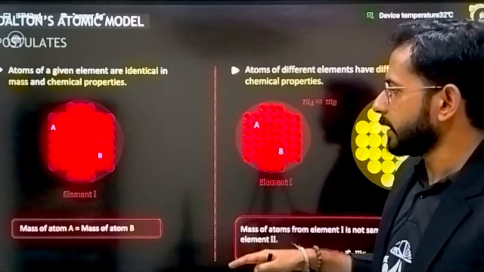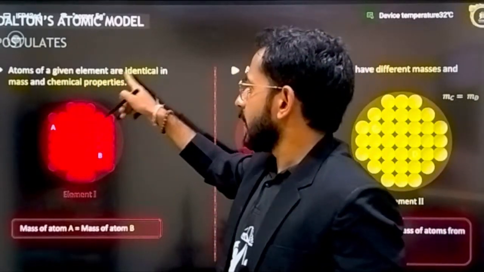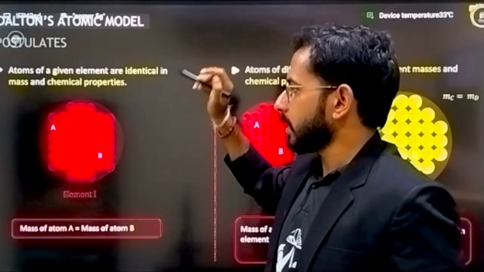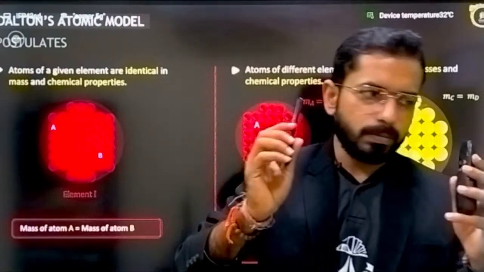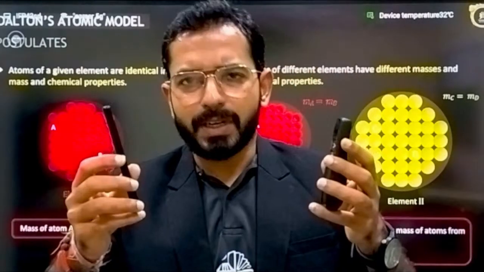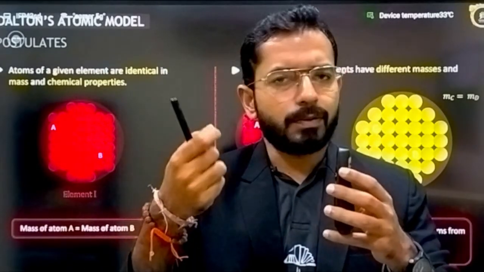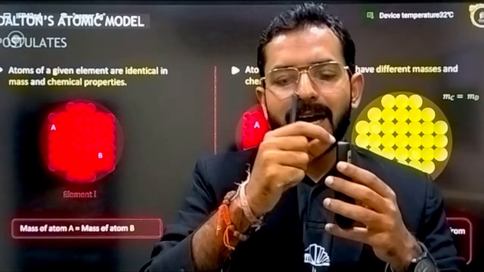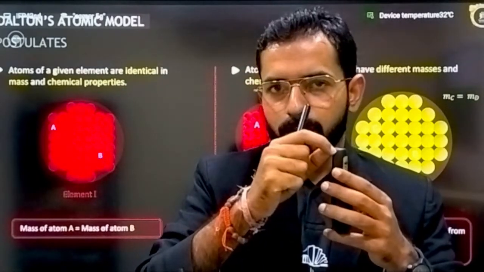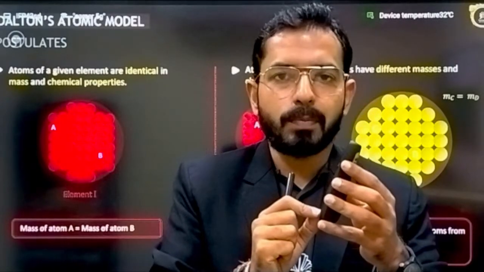What he further said is, atoms of a given element are identical in mass and chemical properties. See, let's suppose these are the two bodies I have taken. They will be made up of a lot of small elements that we define as atoms. So the mass or the behavior of one atom of this body will be exactly the same as any other atom of this same body.